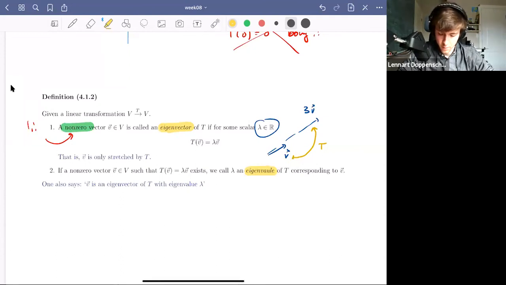So we can say that if this equation is true for any vector and any scalar, so they kind of have to find each other, it's like a pair of a vector and scalar, then one says that v is an eigenvector of T with eigenvalue lambda. You can also say that lambda is an eigenvalue of T with eigenvector v. That's just notation. Are there any questions about this definition?